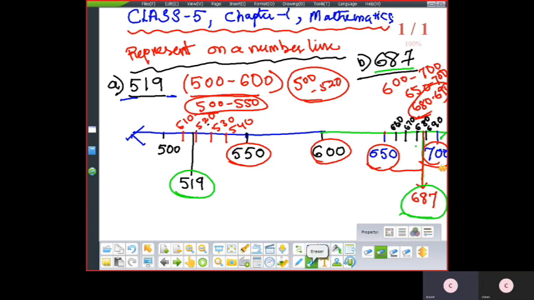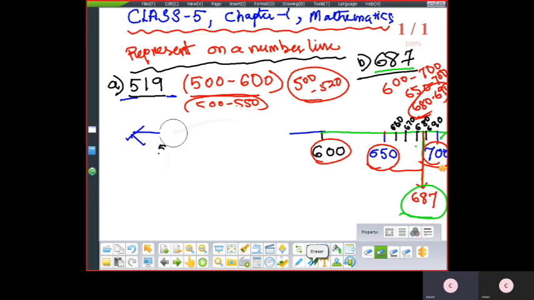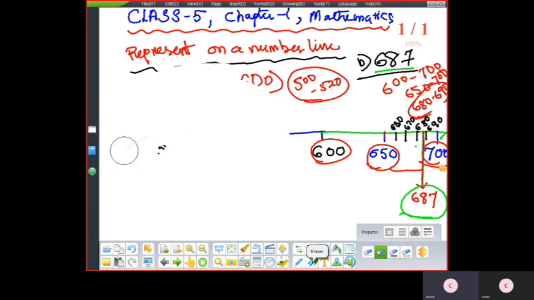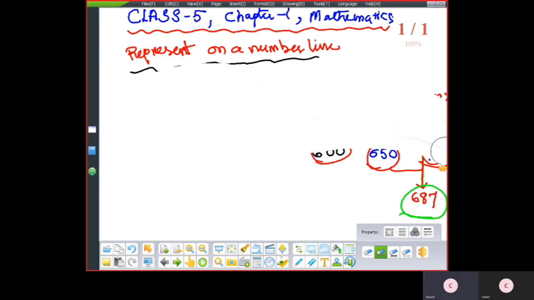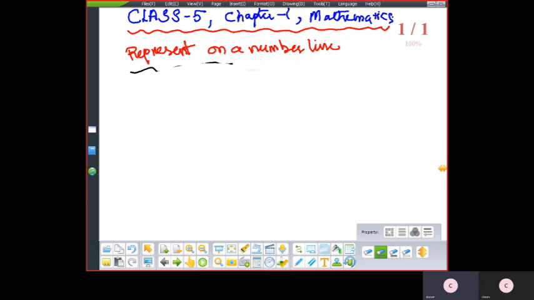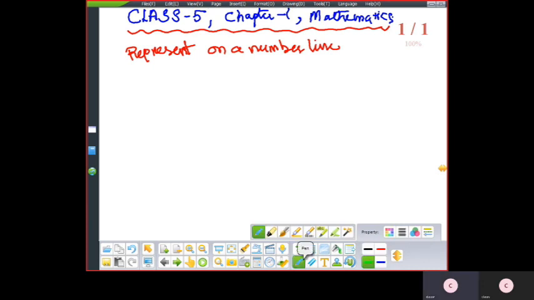Okay children. So this is the way to represent on a number line. The remaining ones, I'll give to you in your My Class Campus app. So let me give you some questions. Okay. So will you indicate it on a number line? So homework questions. These are not there in the textbook, children.